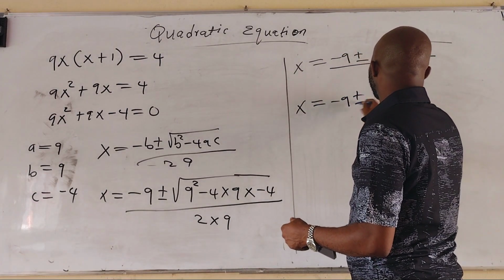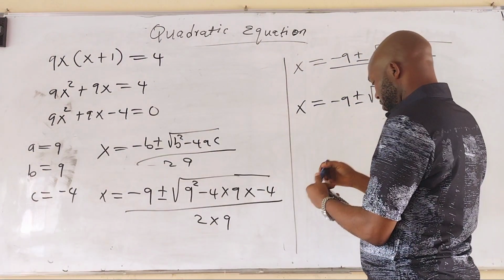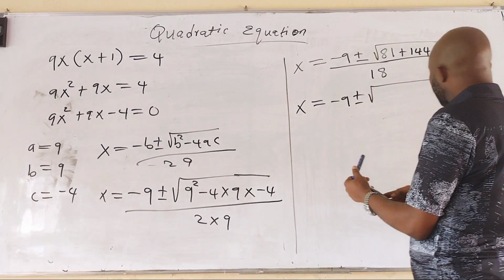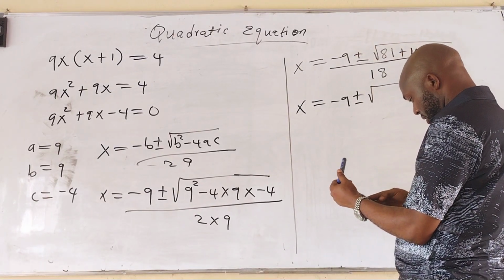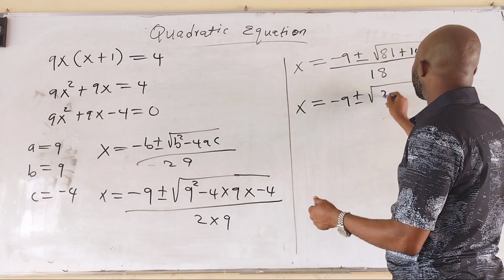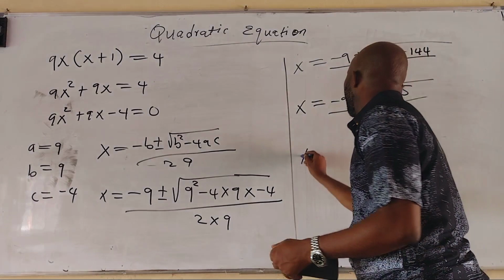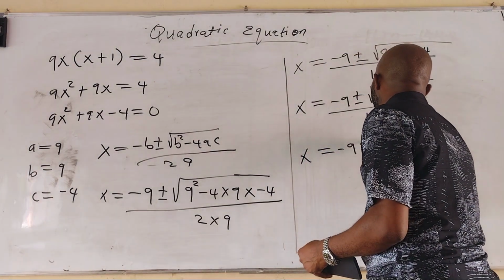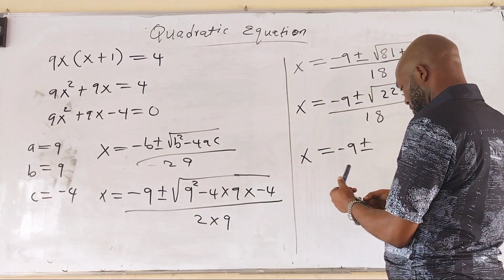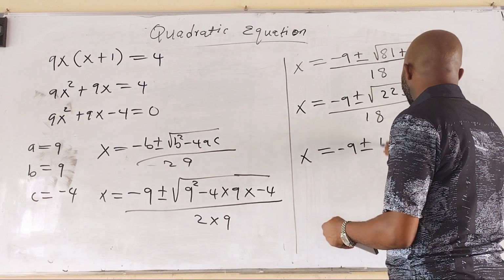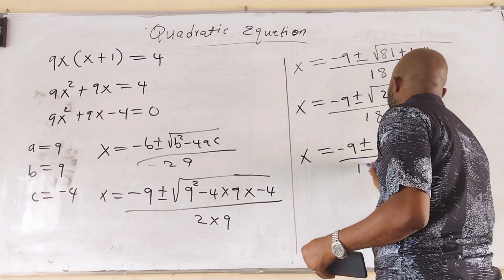Minus 9 plus or minus the root of 144 plus 81, which is 225, over 18. X is equal to minus 9 plus or minus the root of that, which is 15, over 18.